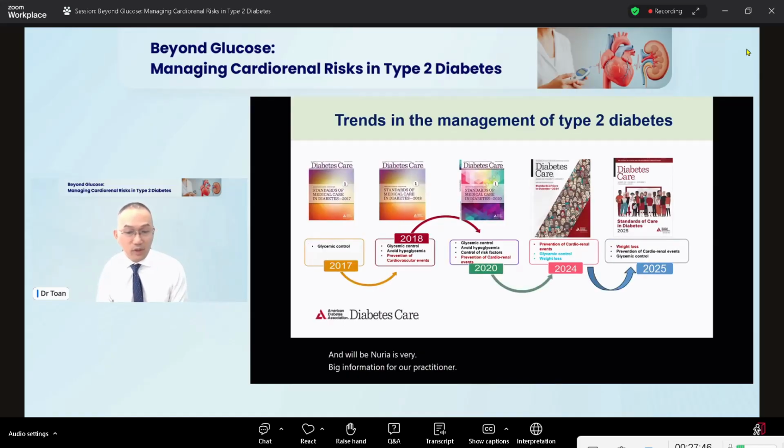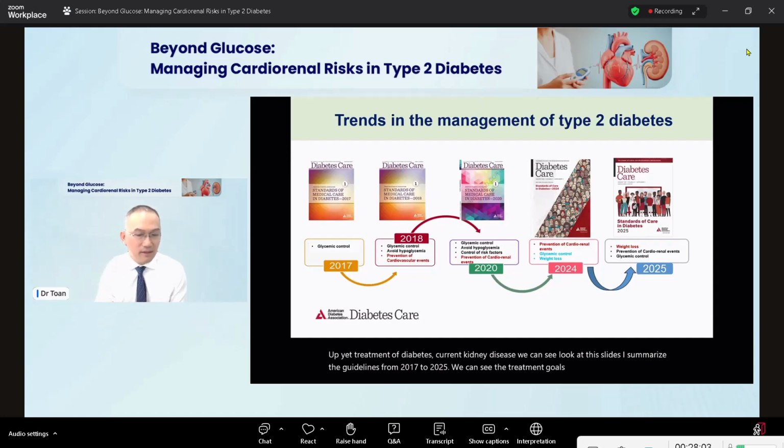Treatment of diabetes chronic kidney disease. We can see, look at this slide. I summarize the guidelines from 2017 to 2025. We can see that treatment goals have evolved over years from 2017 to 2025.